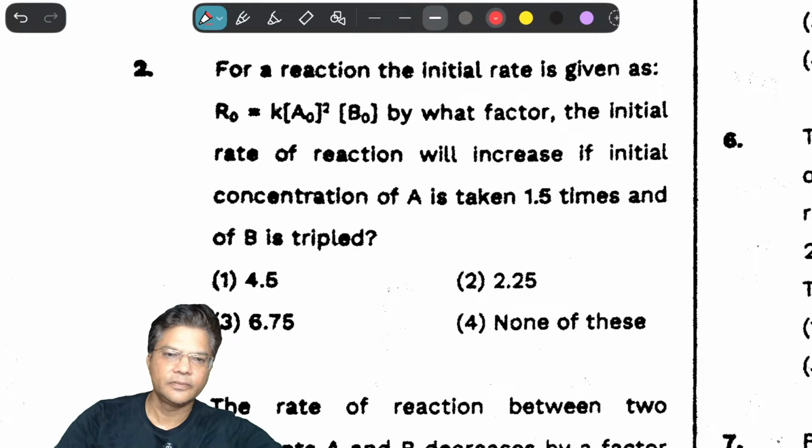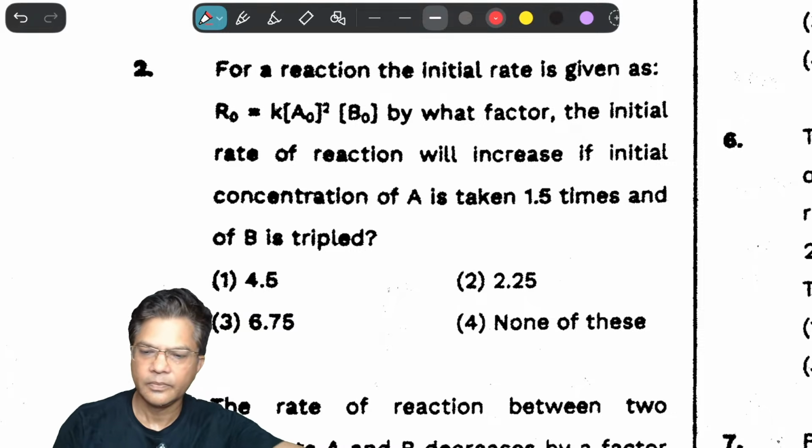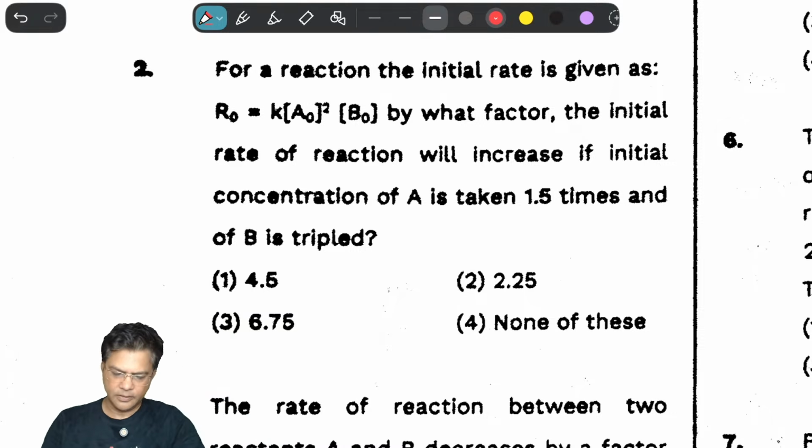Yes, kids. Quickly do it. 3. Maximum people are going for 3.